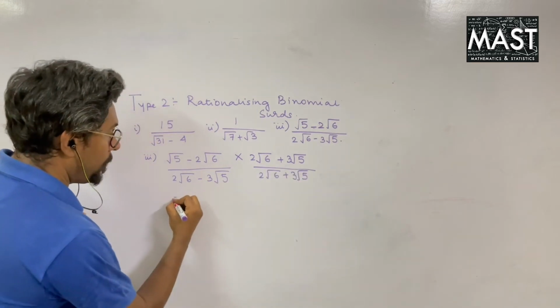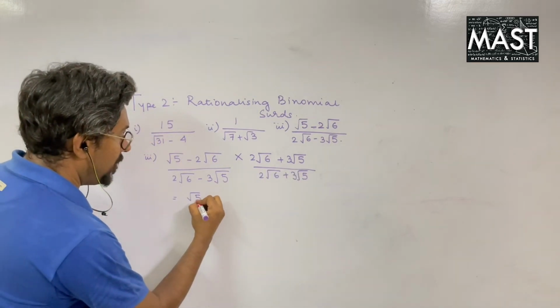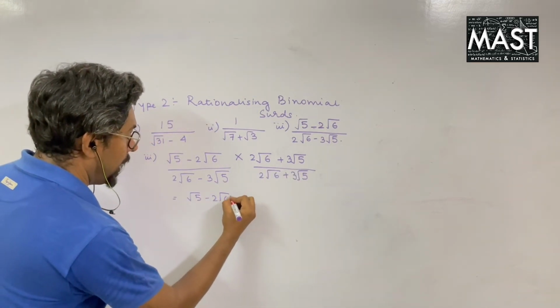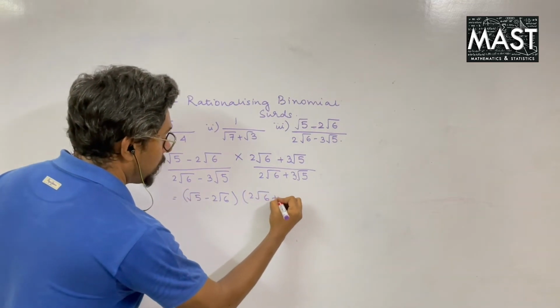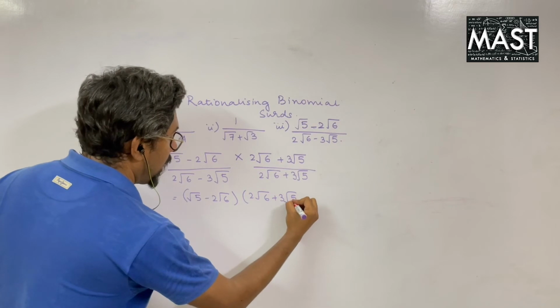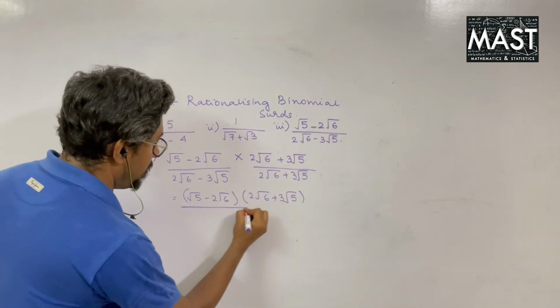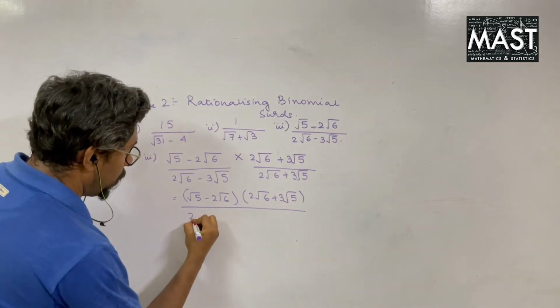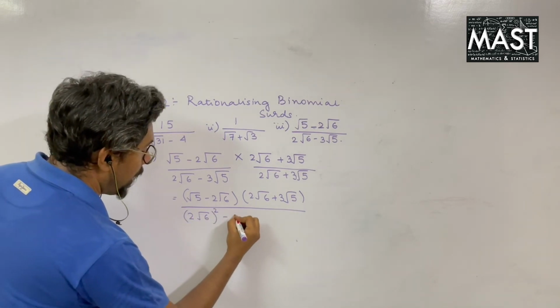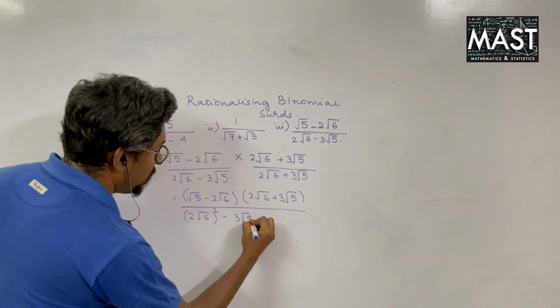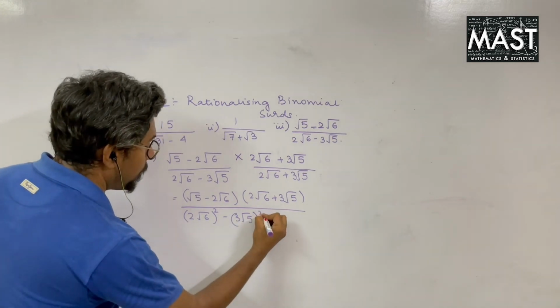So in the next step, we will have root 5 minus 2 root 6 in brackets with 2 root 6 plus 3 root 5 again in brackets, divided by 2 root 6 whole square minus 3 root 5 whole square.